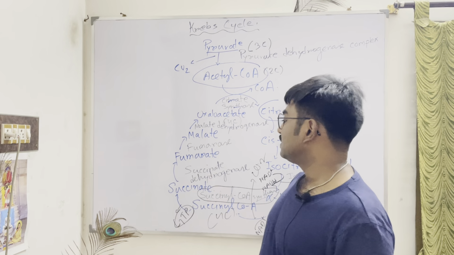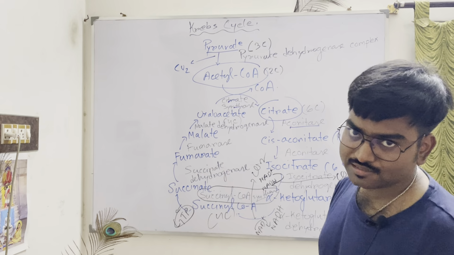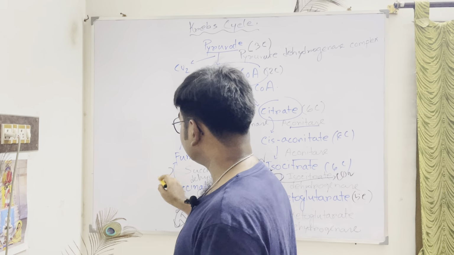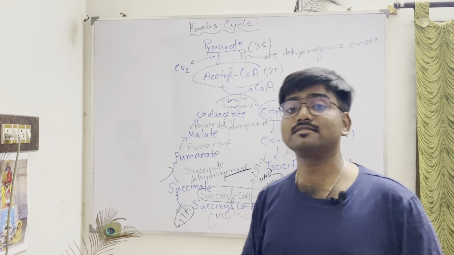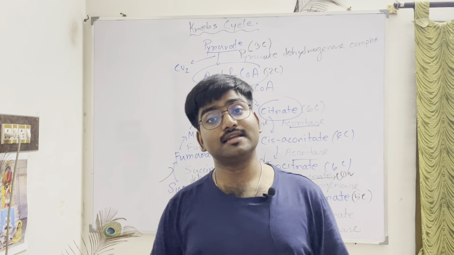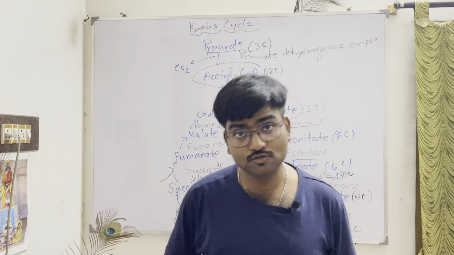Okay, so succinate to fumarate via succinate dehydrogenase, again dehydrogenase. Now here there is another currency. Look, ATP was an energy currency, NADH is an energy currency, there is another energy currency. The name of the energy currency is FADH2.